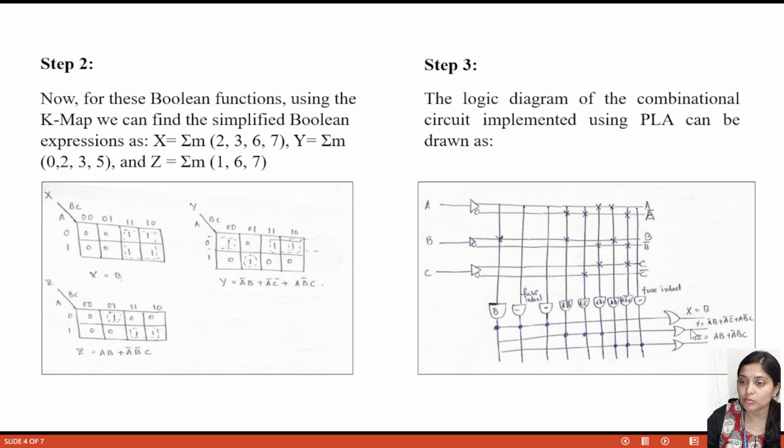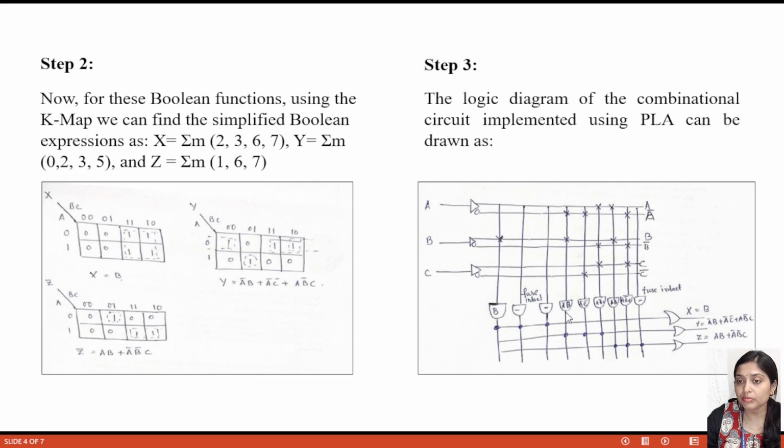This is the X output, this is Y, this is Z. For the X output, I only make a dot here, and the other places are nothing, so it is basically a 0 output. Only B is connected to this OR gate. So X is equal to B.